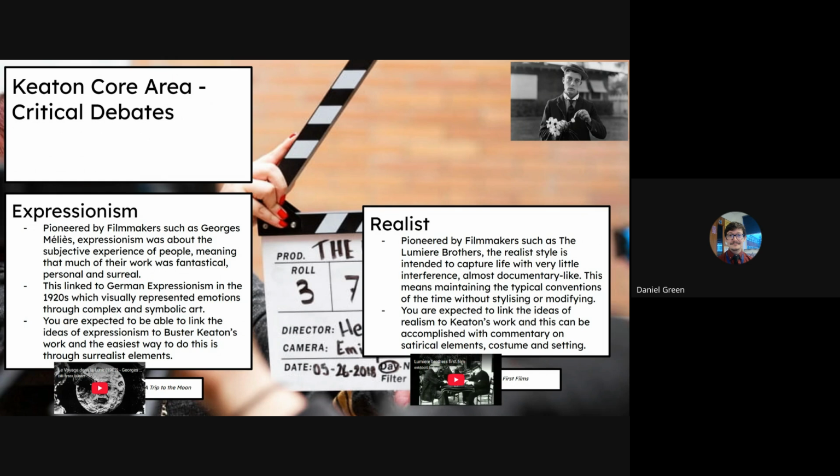Instead, you're just focused on the raw aspect of what life is like. And you're expected to link the ideas of realism to Keaton's work as well. What I would say is the best way to do that is by commenting on his more satirical elements, his use of costume, and also his setting, okay? Because they will all link quite well to those two critical debates.